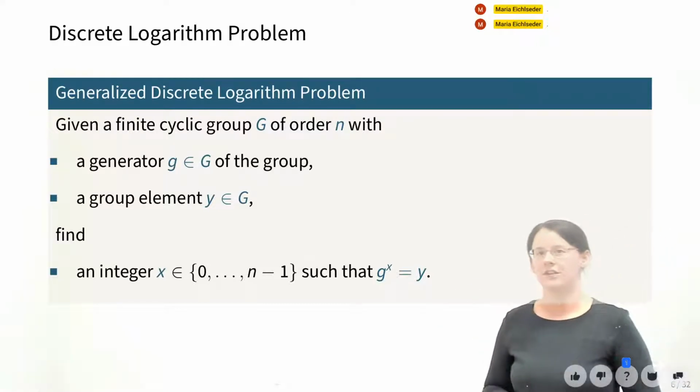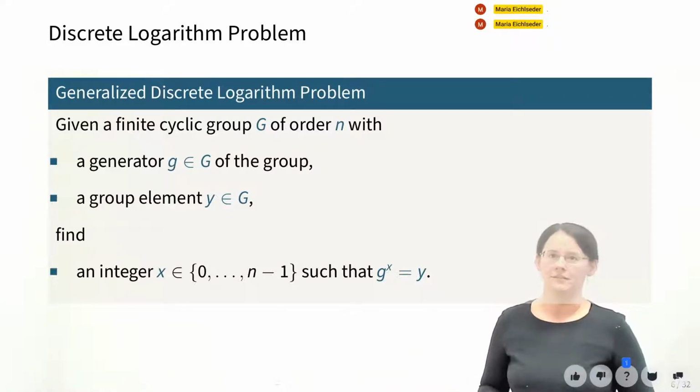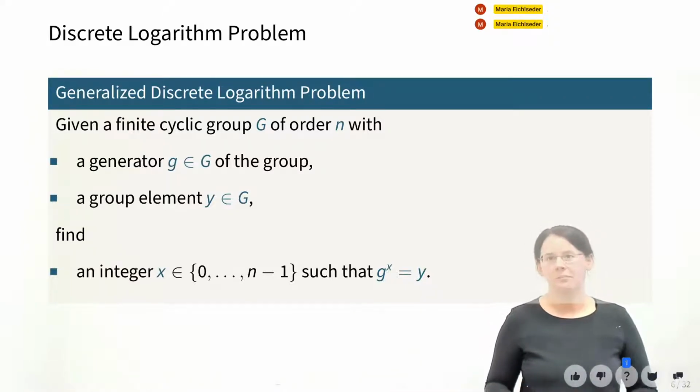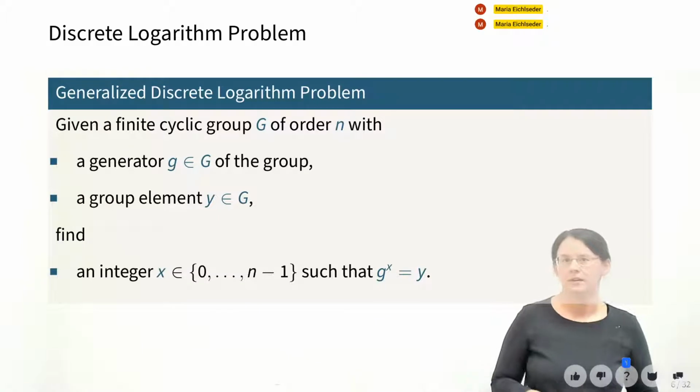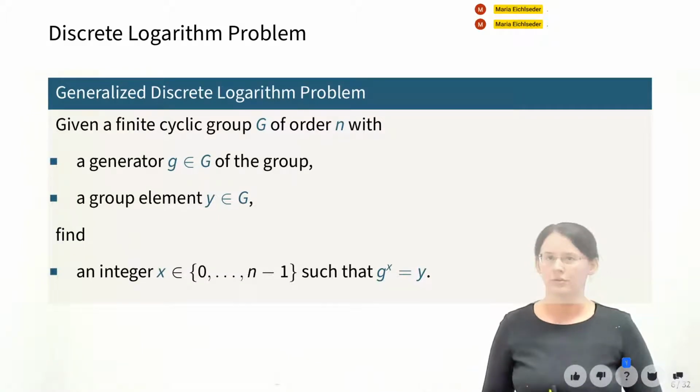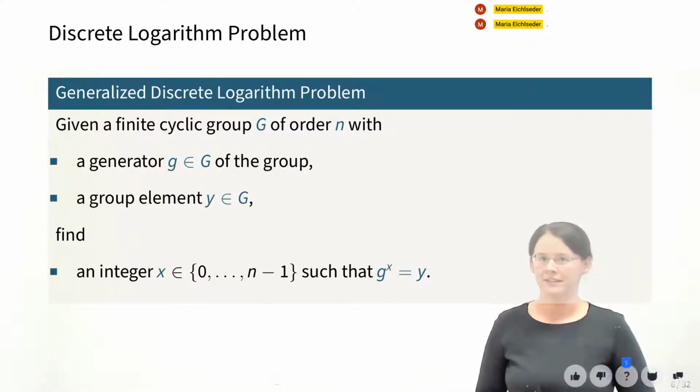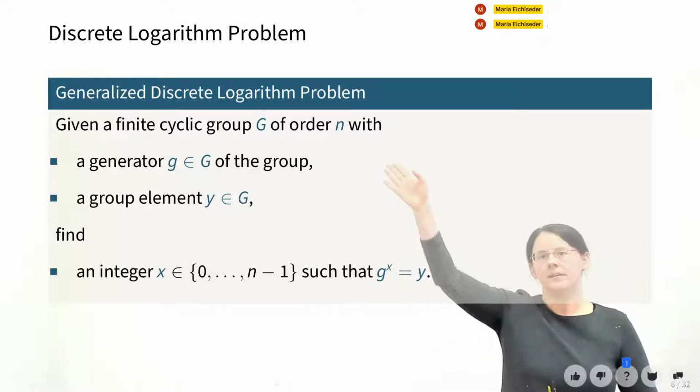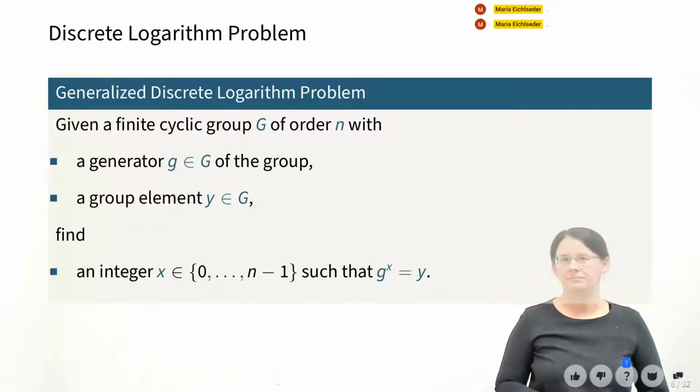I've listed here the general discrete log problem, which works for any group. So what I need is some finite cyclic group, meaning there are not infinitely many elements in it, and I have some group order n.